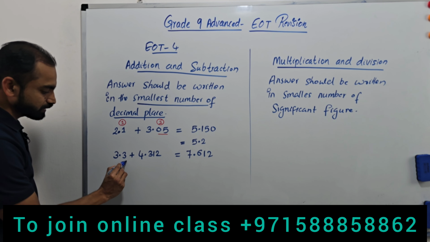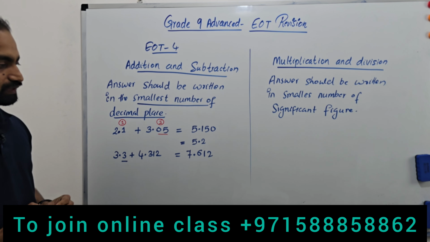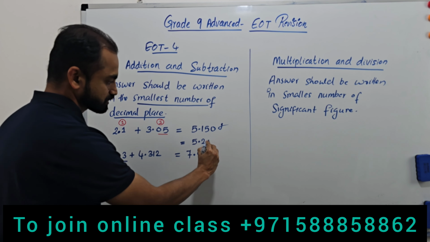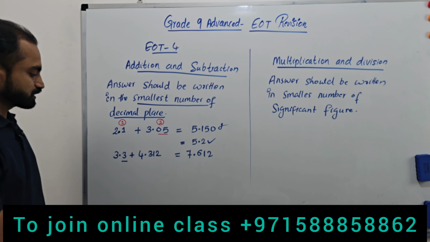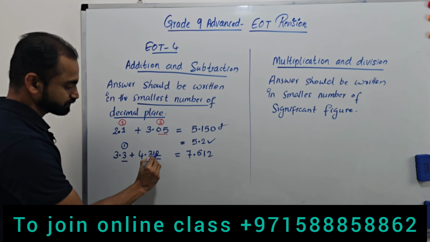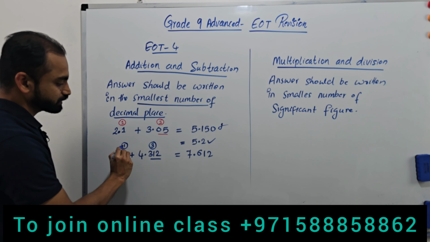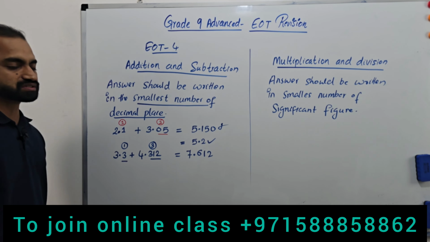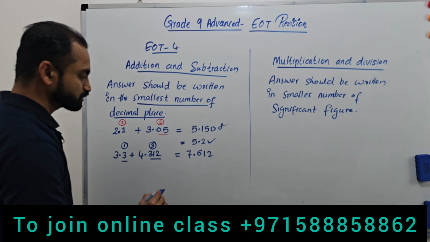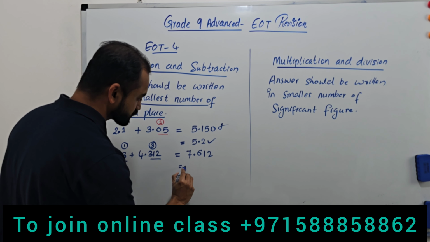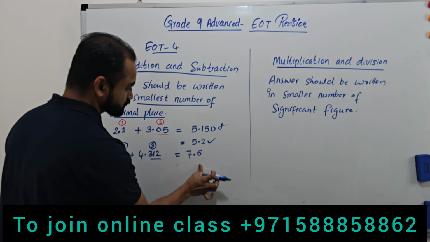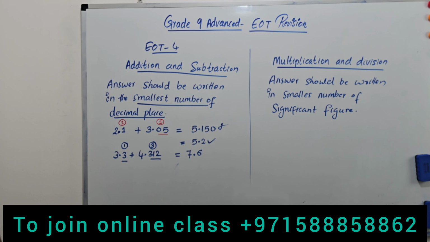Here, how many decimal places? 1 decimal place, right? So this way is not correct. Here 1 decimal place, here how many decimal places? 3. So compare 1 and 3. What is the smaller number? 1. So we will round this answer to 1 decimal place. So how to write the answer? 7.6.